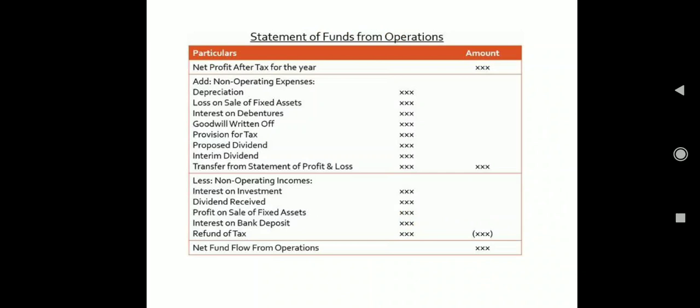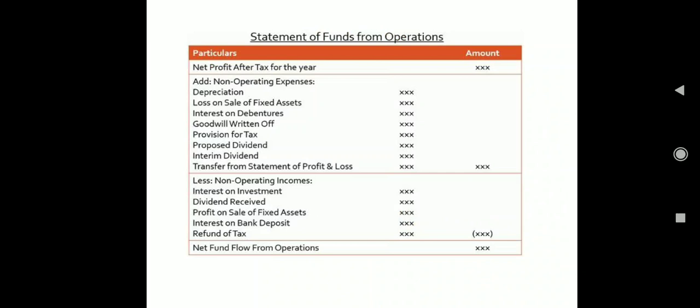And those items which are in the nature of non-fund or non-operating, which are not going to have any effect on the working capital. So in that nature, non-cash and non-fund, whatever expenses and losses are given in that question, we are going to add back those items to the net profit.